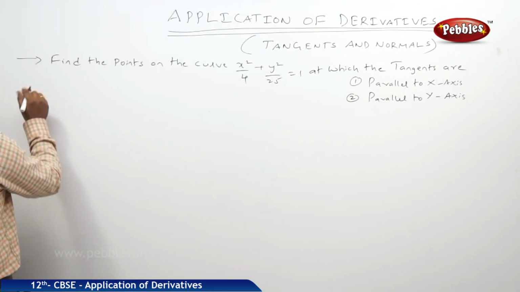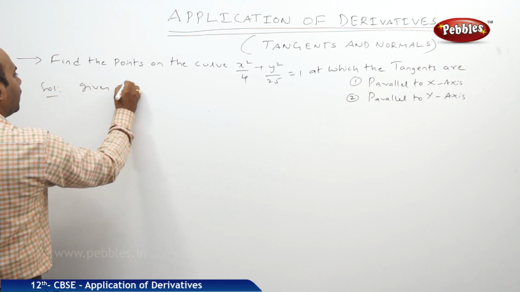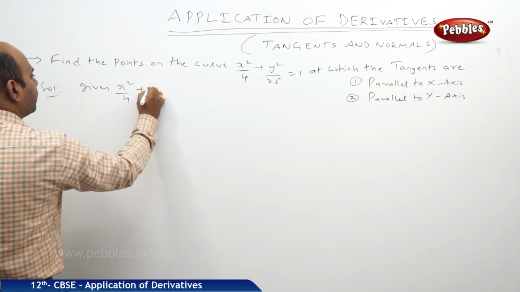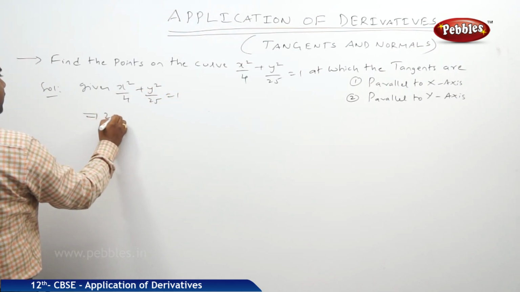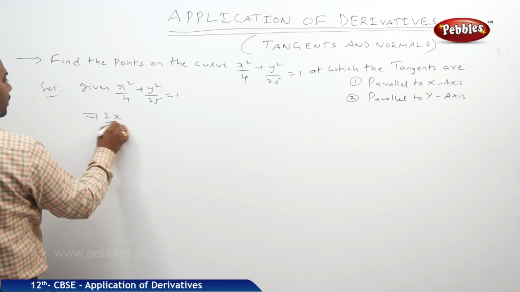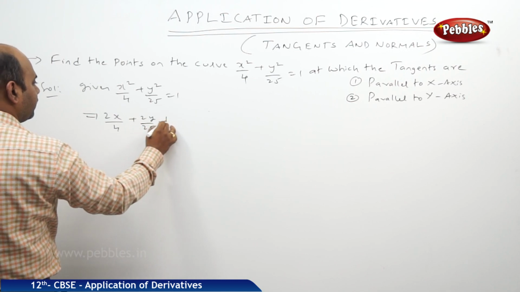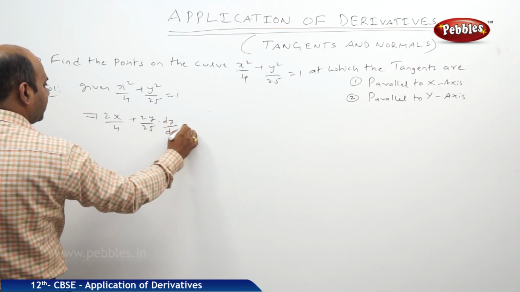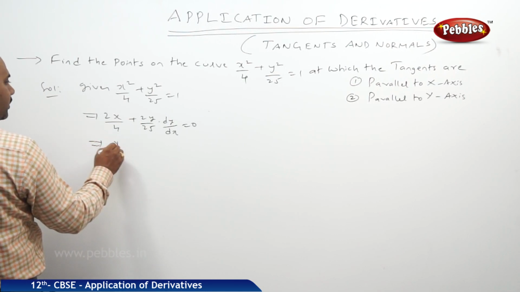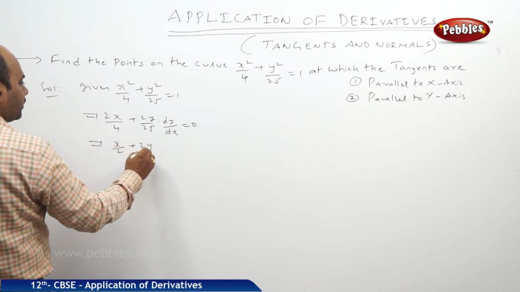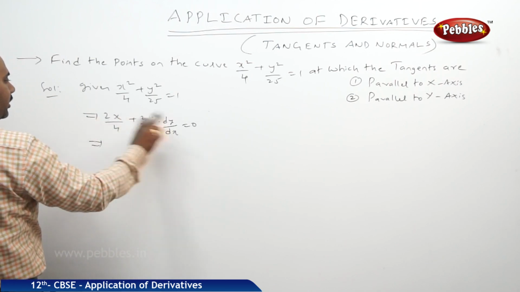Now, given x square by 4 plus y square by 25 equal to 1, I want to find the derivative. X square derivative 2x by 4 plus 2y by 25 into dy by dx equal to 0. So what happens finally? I will just eliminate 2.